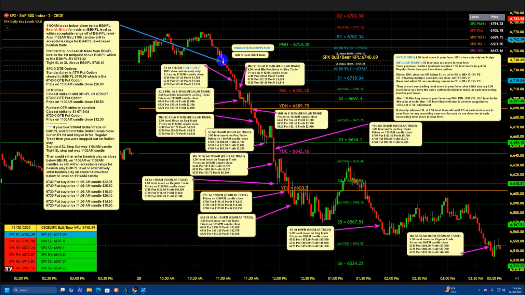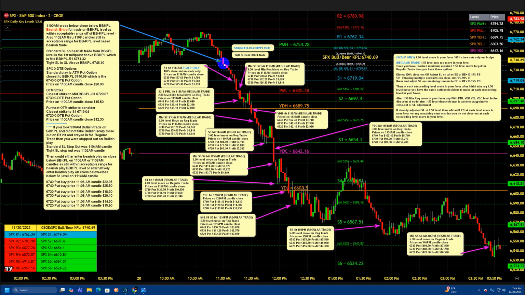So if you were taking this trade as your first trade, then you have a cross below, close below the bull bear key price level here on this 11 a.m. candle.